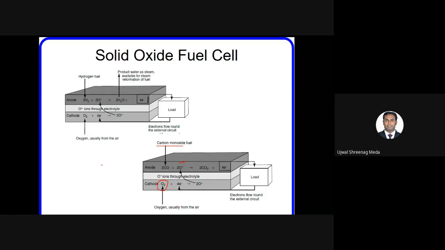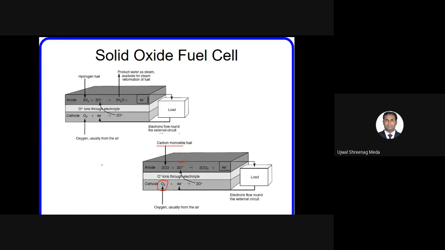The carbon dioxide that was generated at the anode was supposed to be separated and sent back to the cathode. So an additional step was required, additional equipment was necessary, such as separators, or it could be a membrane separator or a combustor. Such a requirement is not there in SOFC.